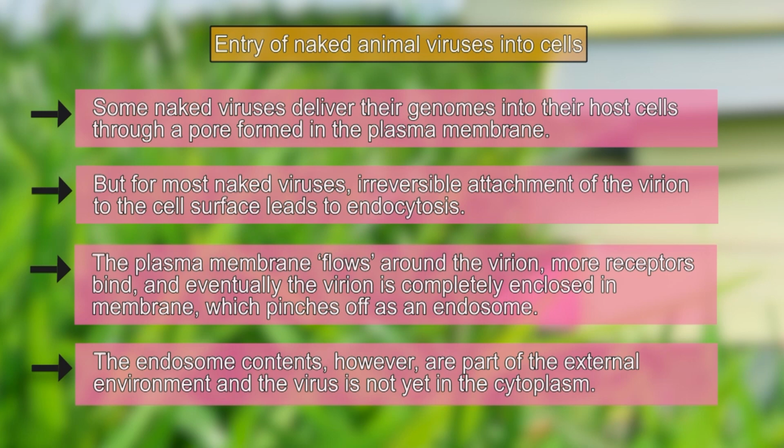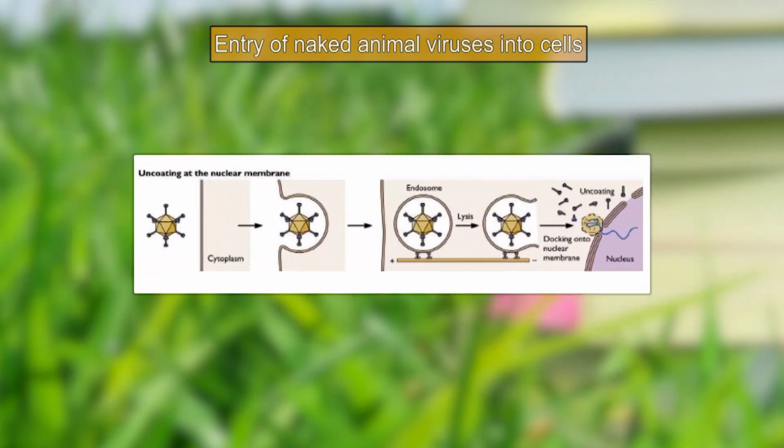They are not yet in the cytoplasm; they remain within the endosome. So this picture depicts how a virus attaches itself to the host cell surface and makes a successful entry into the host cell, and this stage is before uncoating.